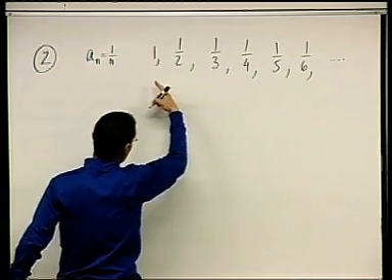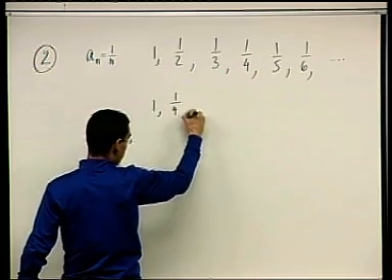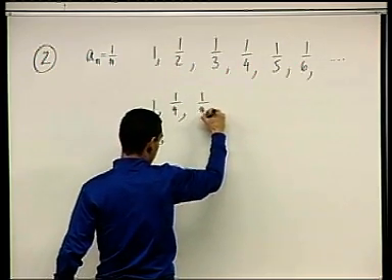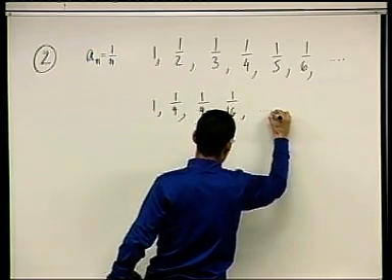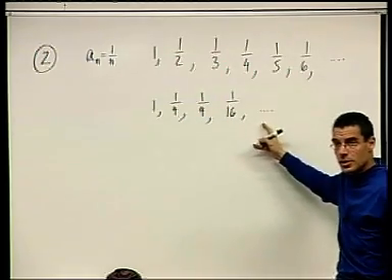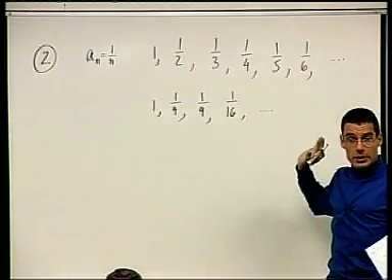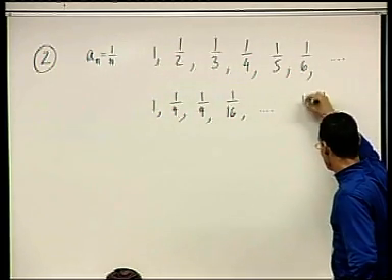Suppose I want, as a subsequence of the ANs, to take the sequence 1, 1/4, 1/9, 1/16. So what would be the formula for this sequence in its own right? Right. This is the sequence 1 over n squared, Bn.